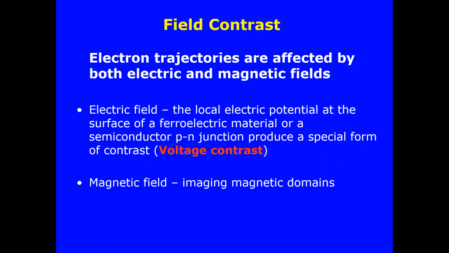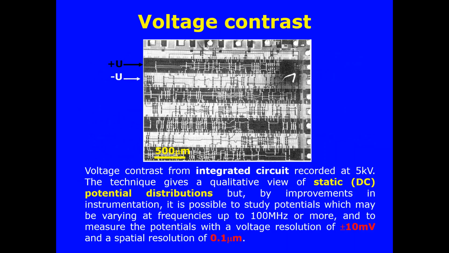For the magnetic field, we have imaging of magnetic domains. I mean, with the help of the magnetic field, we are trying to get the picture of the magnetic domain.